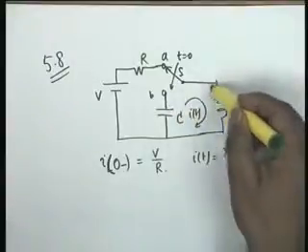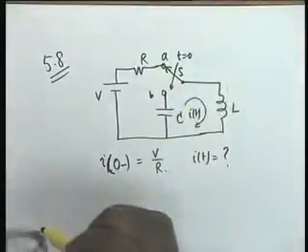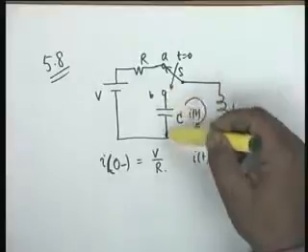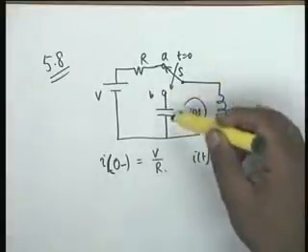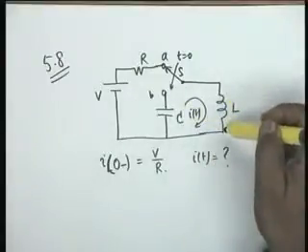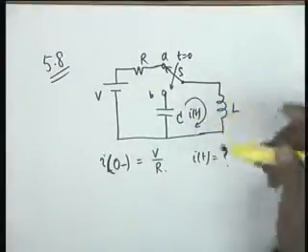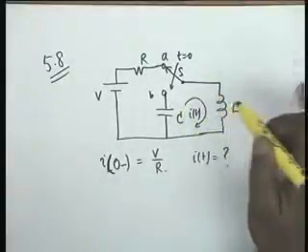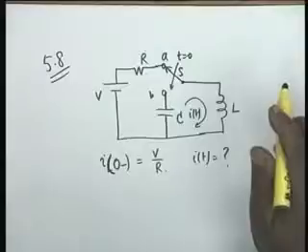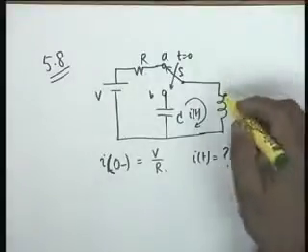So this current will keep charging till the voltage across the capacitor is the same as the voltage across the inductor. Voltage across the inductor is L di/dt. Till the two voltages equalize. If the voltages equalize, then there should be no current. All right, and therefore what happens after that?